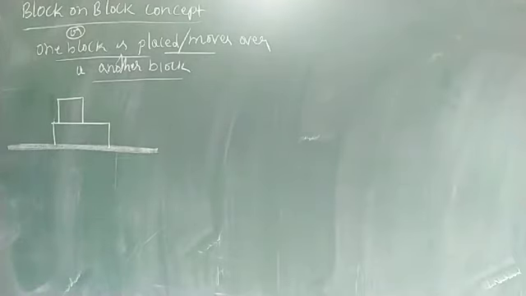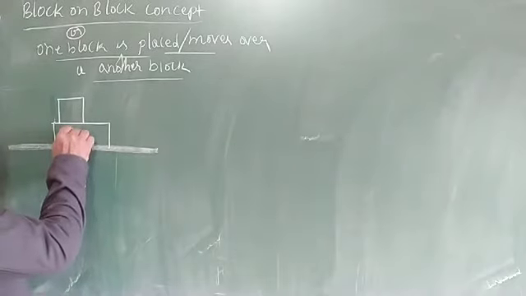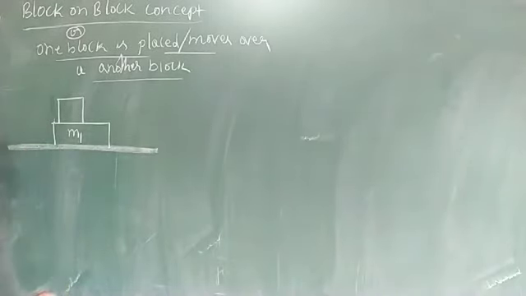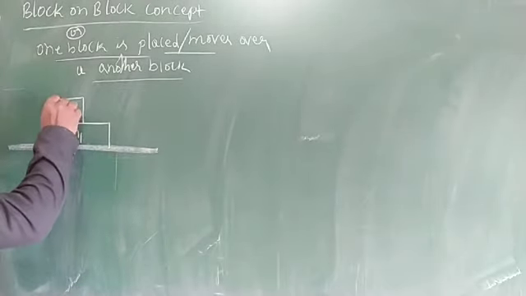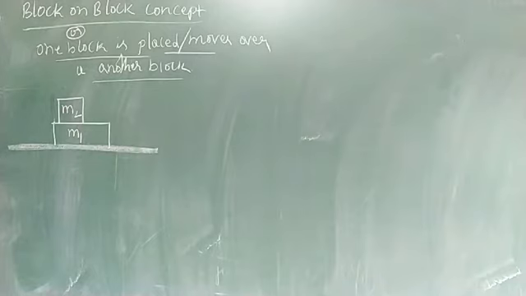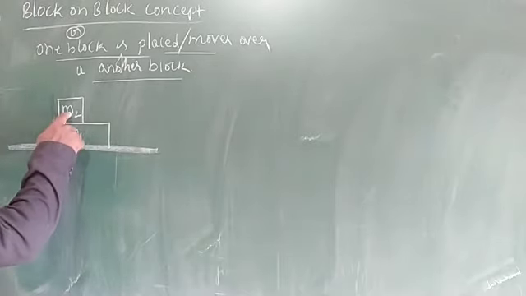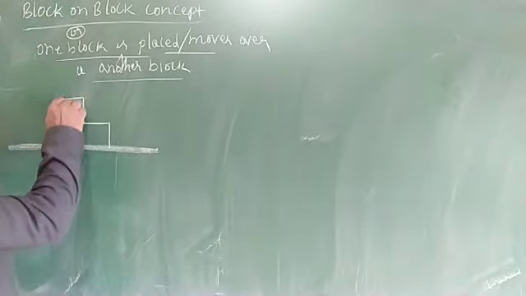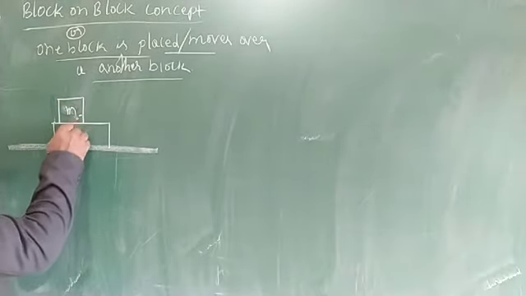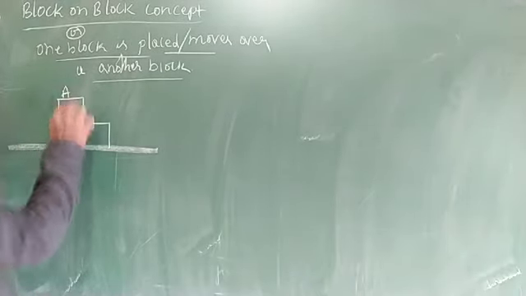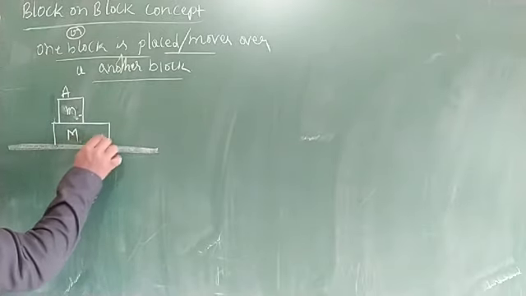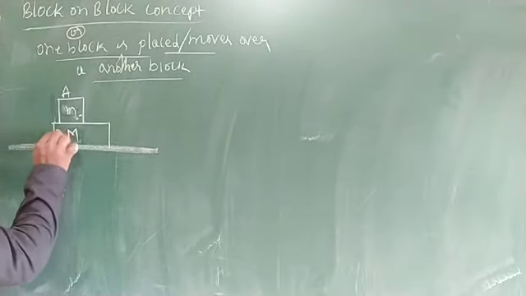Small m is the mass of the first block, that is block A, and capital M is the mass of the second block, that is block B.